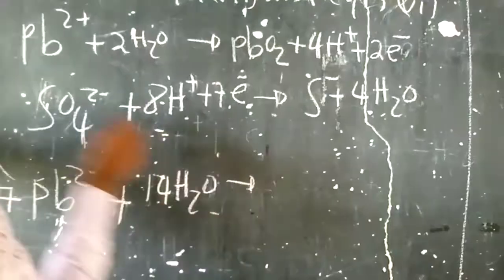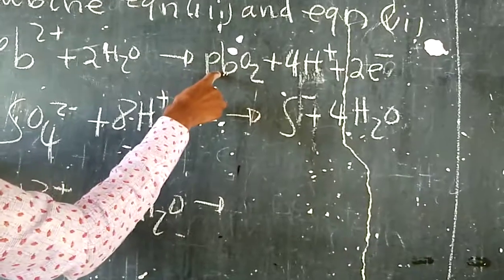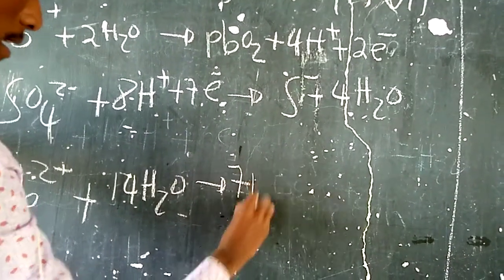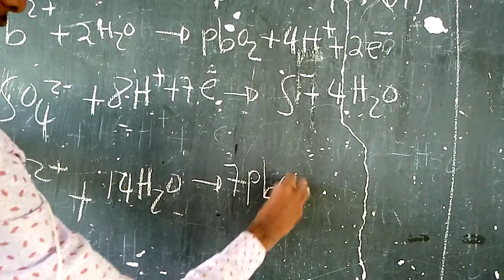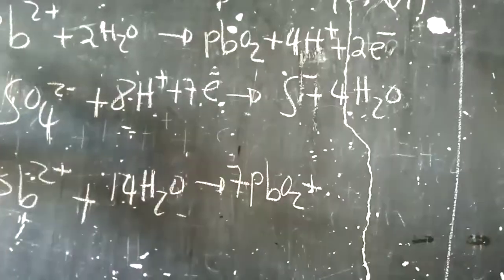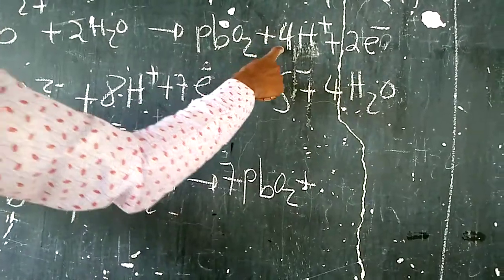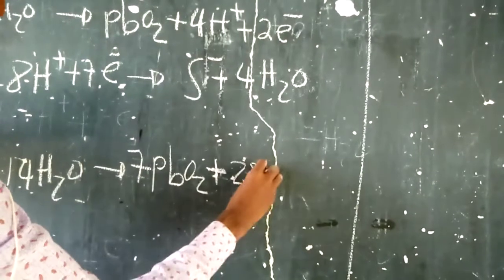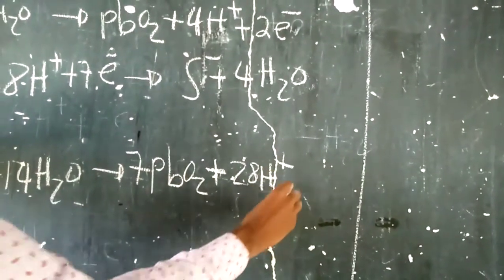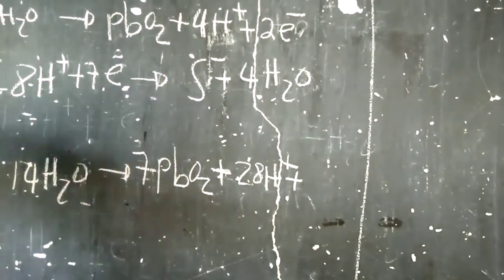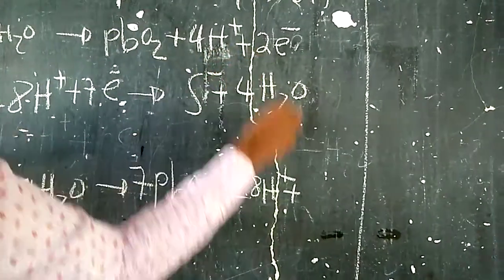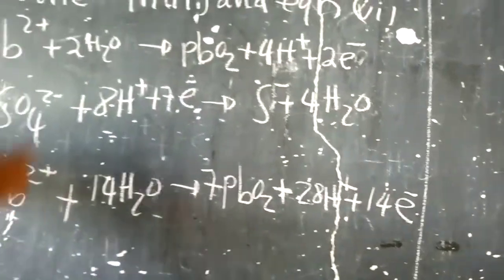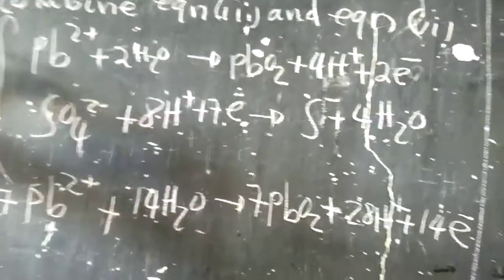Product side, 7 times lead dioxide, it will be 7 lead dioxide, plus 7 times 4, it will be 28 hydrogen protons, plus 7 times 2, you get 14 electrons. So the first equation we already multiplied by 7.